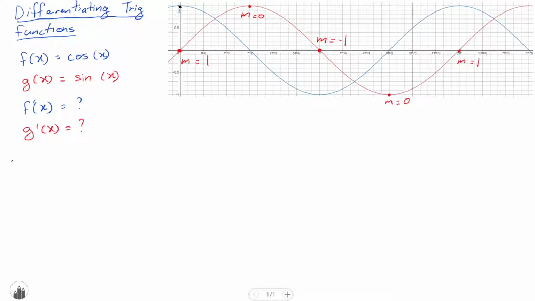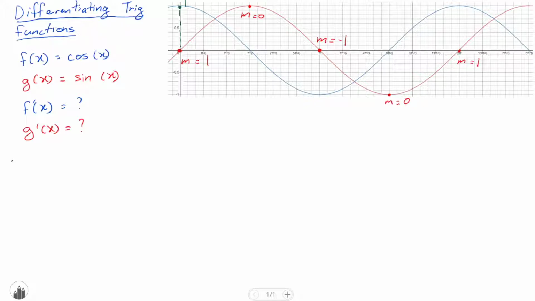So let's try and draw a dotted line. Let me do that in a slightly different color. So let's write down what our value of cosine x is here. Well, our value of cosine x is just equal to 1 at this point. Okay, so that's here as well.